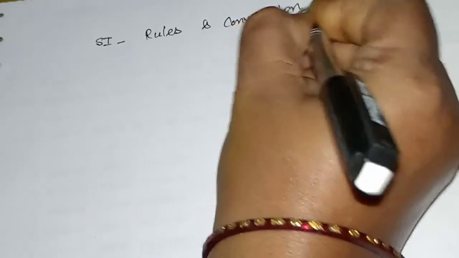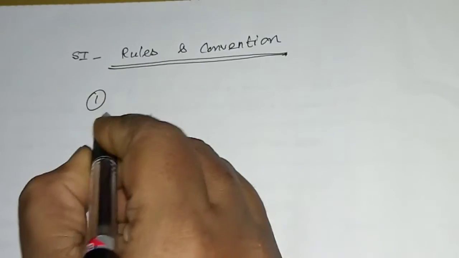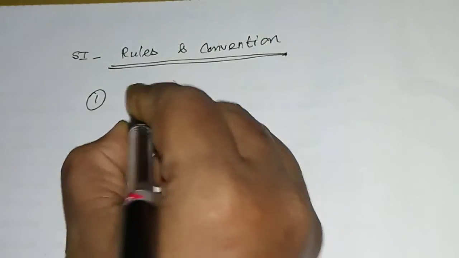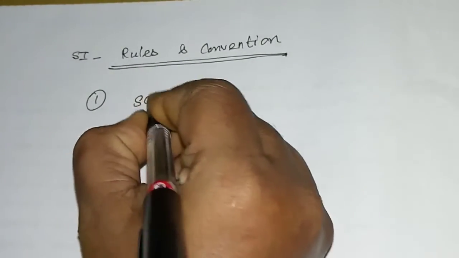While writing the units, we have to follow some rules. What is the first rule while writing the SI unit? Some of the SI units are a scientist's name.